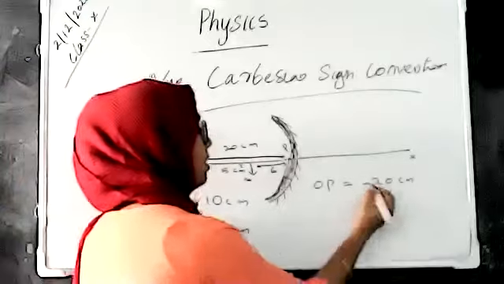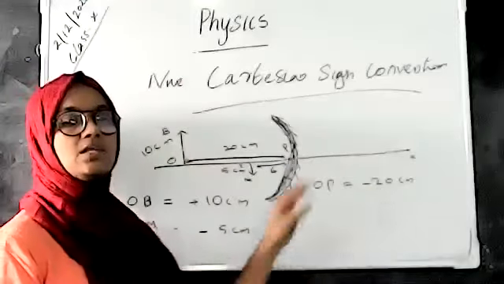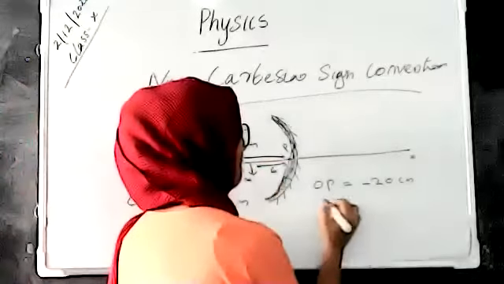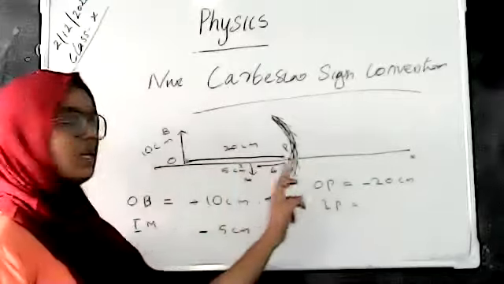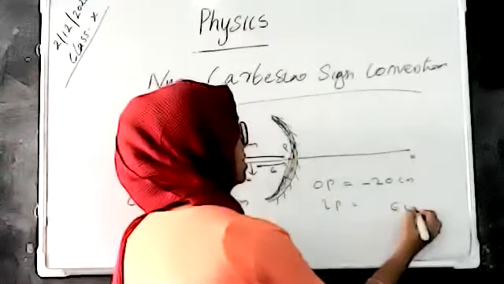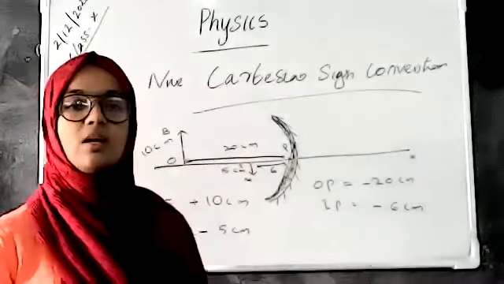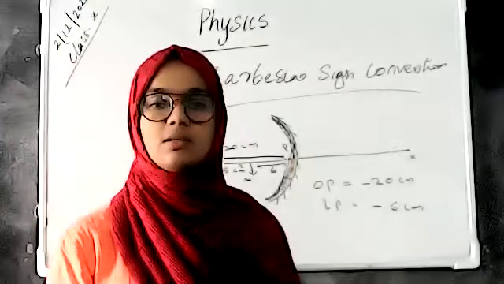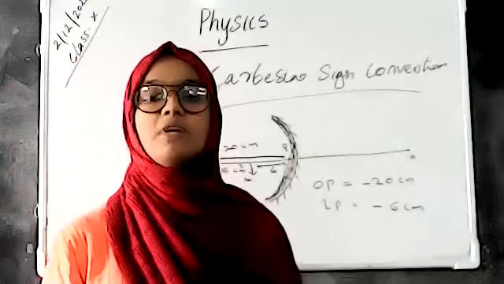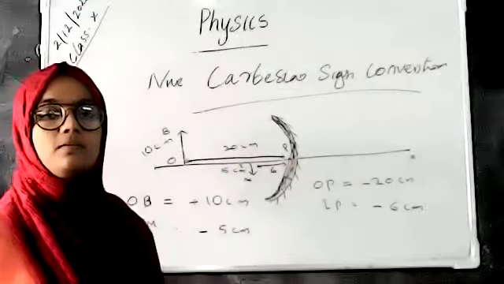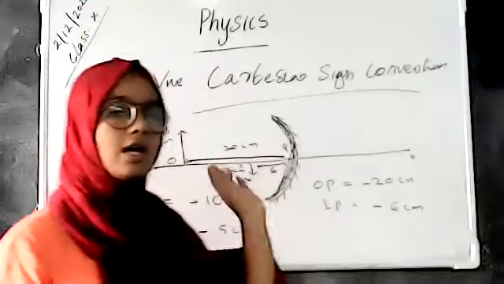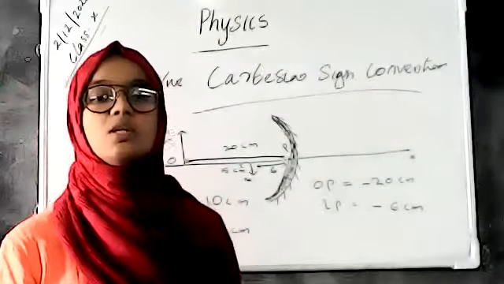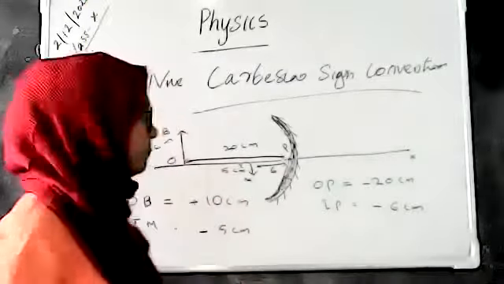So, the distance from O to P is negative 20 centimeters. And the distance from I to P, image to the mirror, is 6 centimeters, and the New Cartesian sign convention gives a negative sign, that is, it is on the left side of the x-axis. So, like this, we take the signs in the height of the objects and the distances between the mirror and the object and image using the New Cartesian sign convention. Okay?